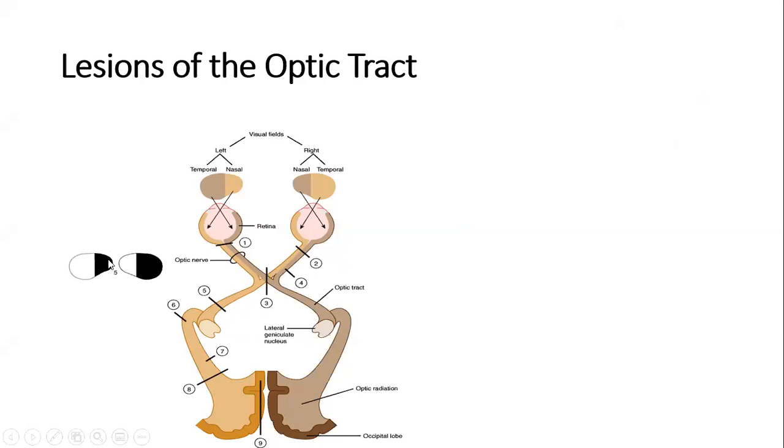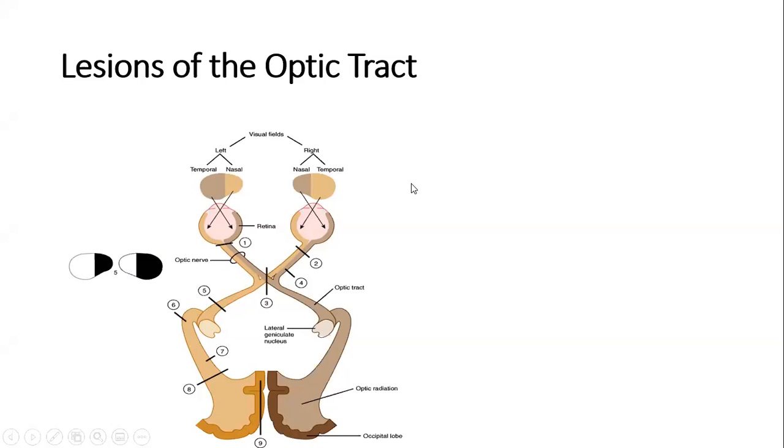So for the left eye, it's the nasal visual field that is gone, and the nasal fibers from the opposite side means it's the temporal field of the opposite side. So the temporal field of the right eye is going to get affected. So in an optic tract lesion, we'll have a homonymous field defect on the contralateral side. Here there is a left optic tract lesion and we have a right homonymous hemianopia.